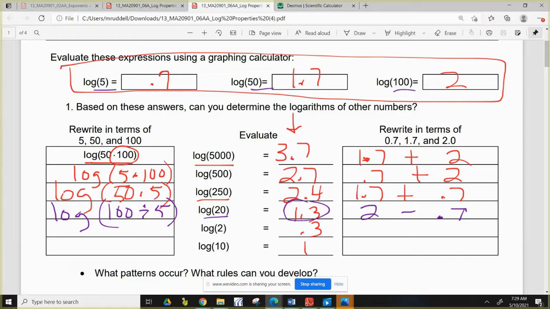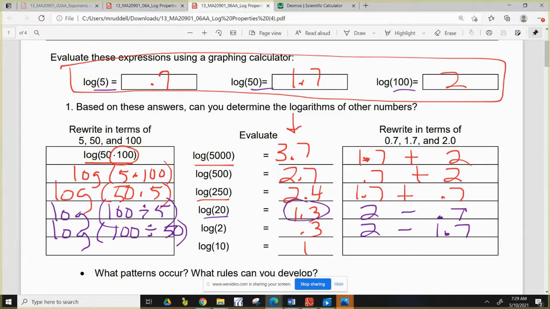We subtract. Log 2: we can't multiply any of those three numbers to get 2, but we can divide, 100 divided by 50. Log 100 is 2. Log 50 is 1.7. Look what happens if you subtract. You get the 0.3 that's in the middle. Very interesting.